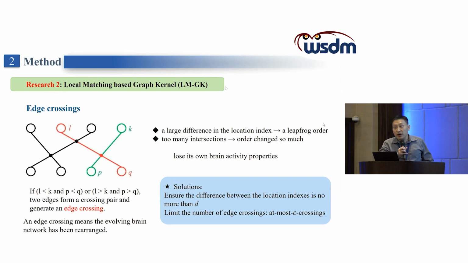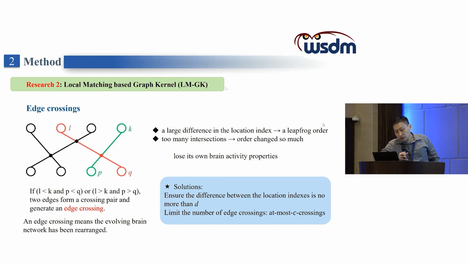We want to minimize the number of intersections as much as possible, provided they achieve the same GMGK as in the first step. In the first step, they achieve GMGK as large as possible, you maximize the similarity. In the second step, we want to minimize the local matching-based graph kernel, which is to minimize the number of intersections.